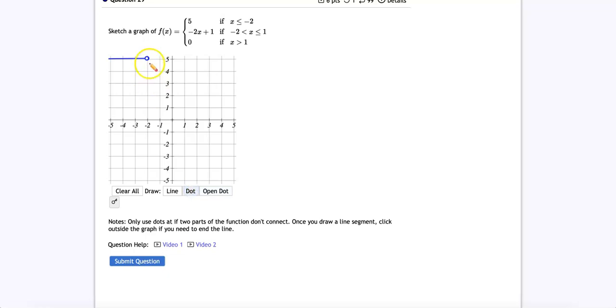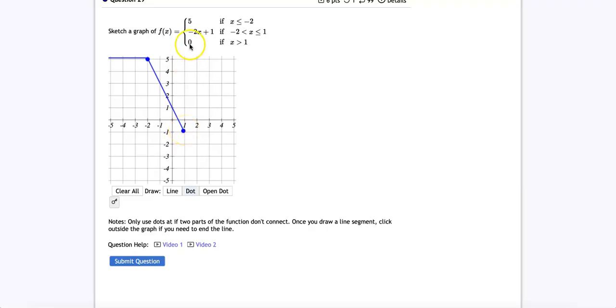So I'm just going to put the closed dot back, knowing that I have an open dot on top of the closed dot, if it's going to let me. Come on. Nope. Okay, let me just do this again. So -2x plus 1 is only going to fill in between -2 and +1. So I'm going to use a solid dot here over here on the right.